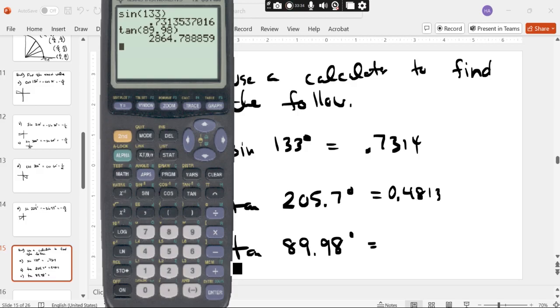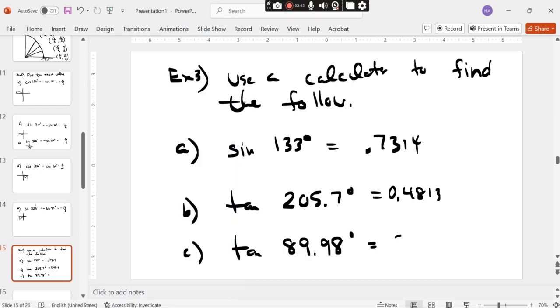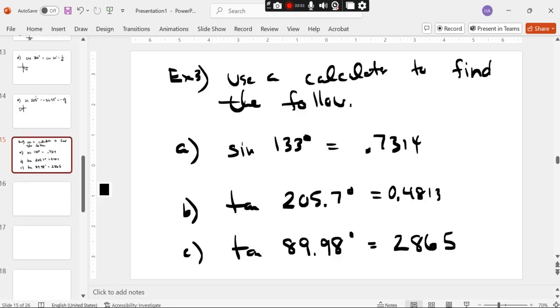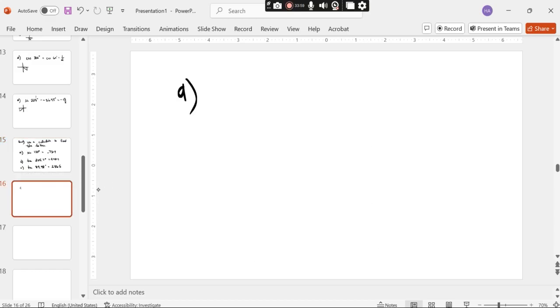Whoa, crazy. So 2865 would be just fine. So tangent actually gets ginormous as it gets closer to 90 degrees. But that's for a different lesson. Okay, C and D.